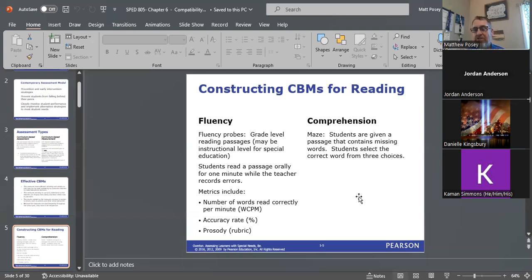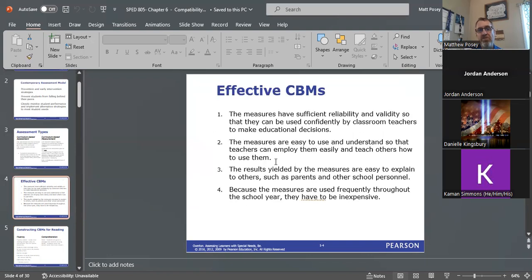And then maybe for each missing word, you're going to give them 3 choices. They'll select the choice that they feel is most appropriate to help make that passage make sense, make it readable to where they can understand it. So we often call that a maze or a cloze test. CLOZE is a term that we use to call that.